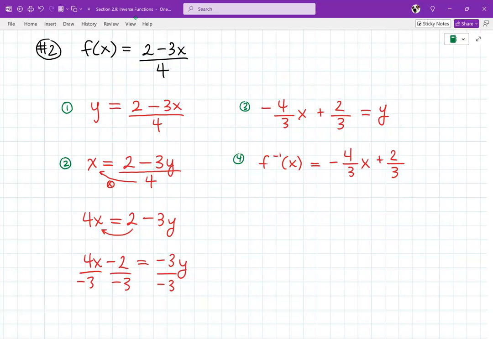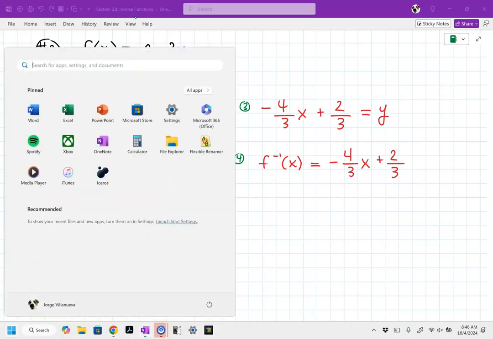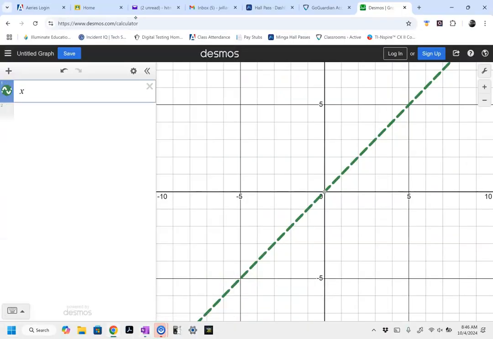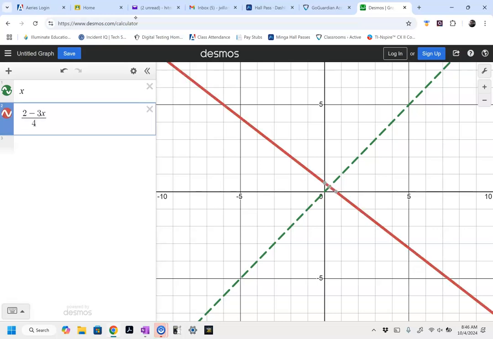Again, just to check, let's use Desmos. So 2 minus 3x over 4. You could put y equals if you want, but you don't need to. I'm looking for a mirror reflection of this based on that green line.